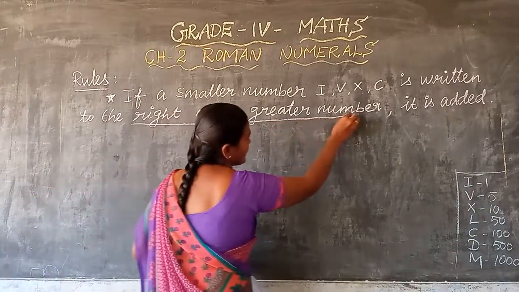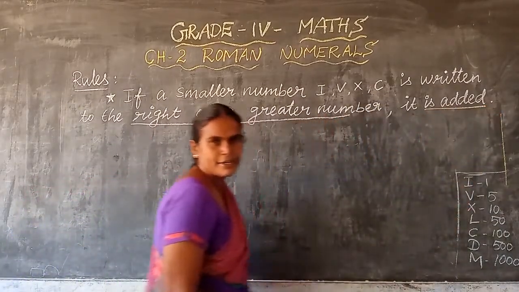Look here. If a smaller number is written to the right of a greater number, it is added.